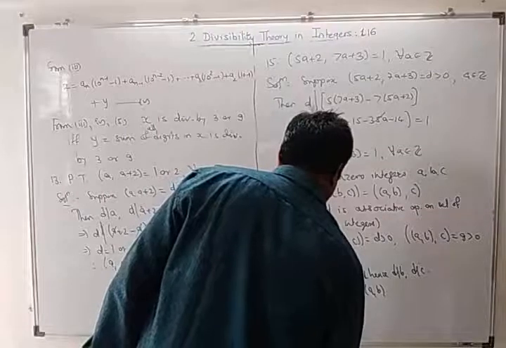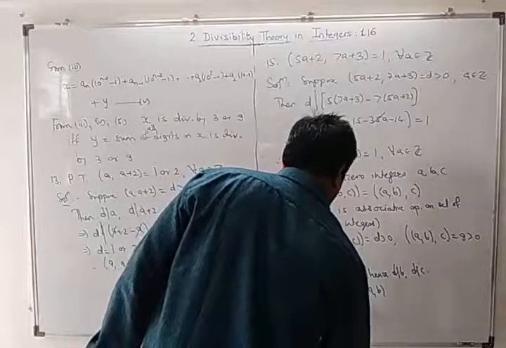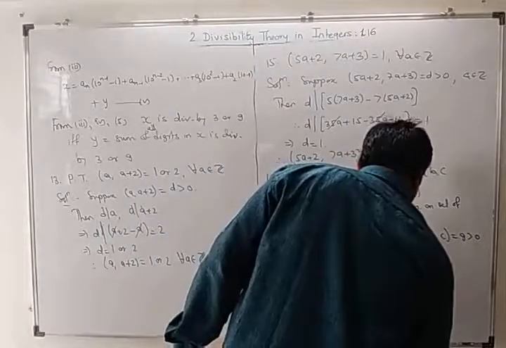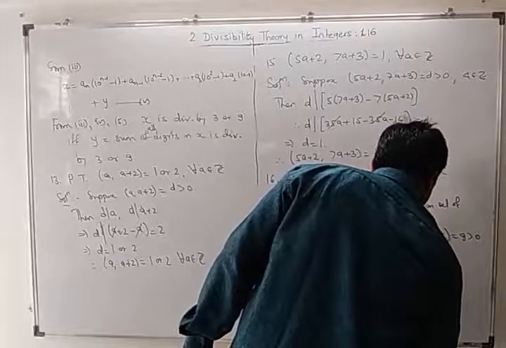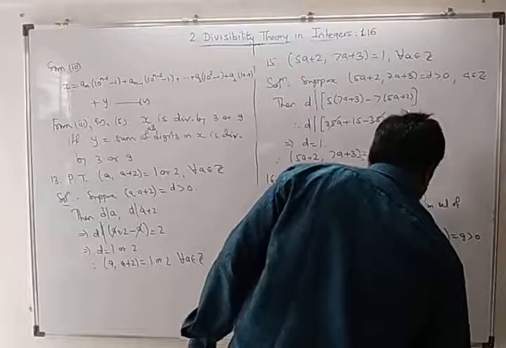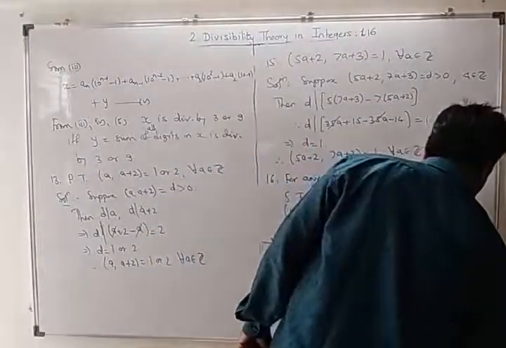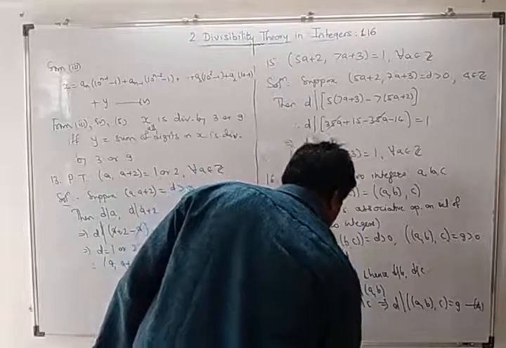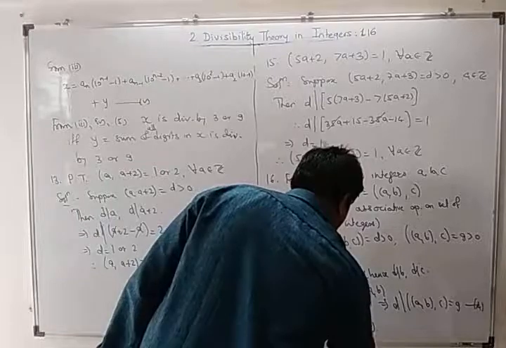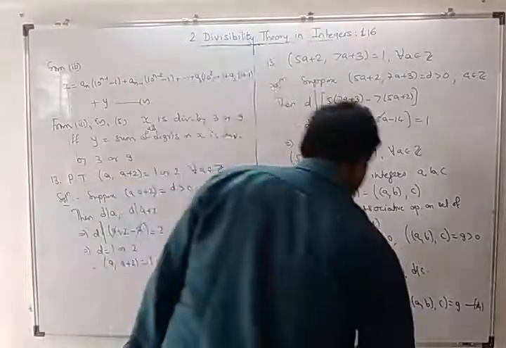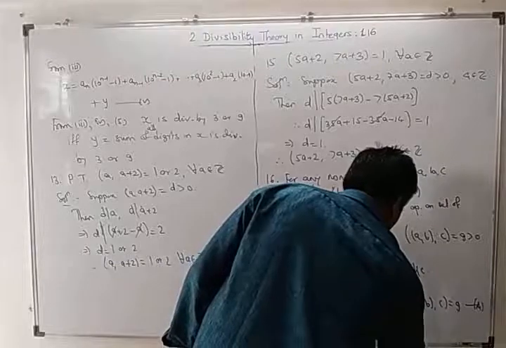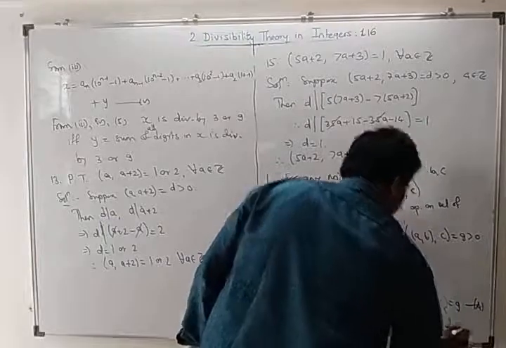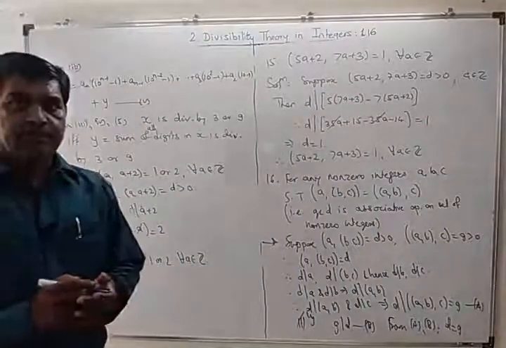Therefore d divides GCD of a, b and d also divides c, which implies d divides the GCD of GCD of a, b with c, which is g. This is my A. Similarly, g divides d. So from A and B, d equals g.